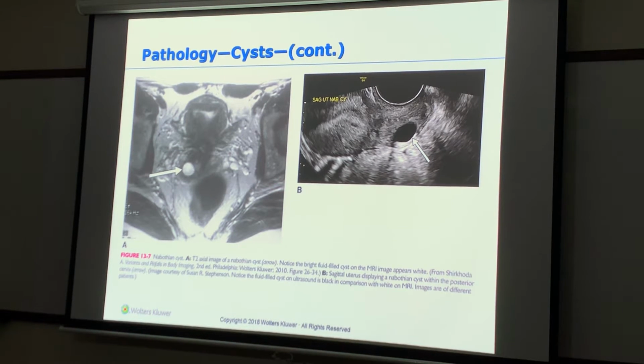So now you show us the picture. Here it is on another cyst, right? What am I looking at? It is a simple cyst, but where is it? You never just say a cyst. It's a Nabothian cyst.